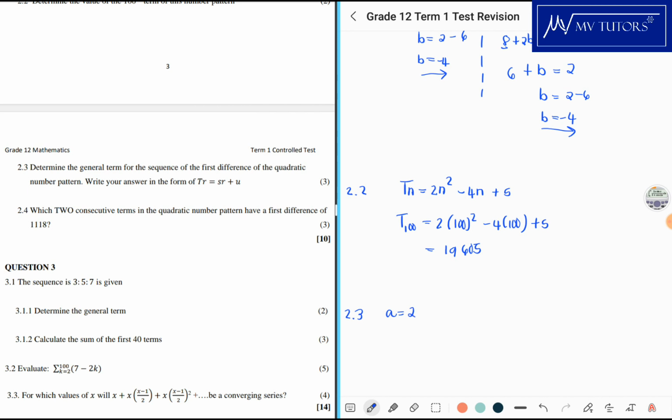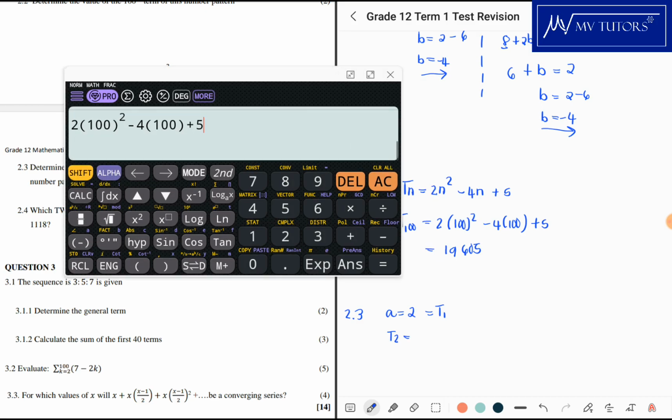So what we can do, we can go look for 2 other terms. Okay, so we know this is T1. What would T2 be? Okay, we go back to our formula. Instead of 100, we're going to put 2 because we're looking for the second term. So we get our second term to be 5. And then what would be our third term in the quadratic pattern? So actually, let's get the first 4 terms.